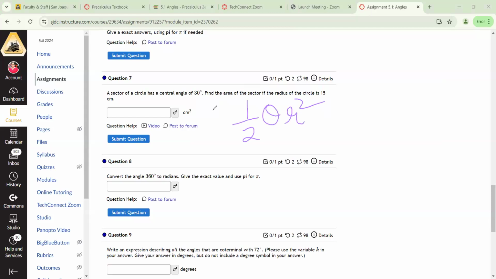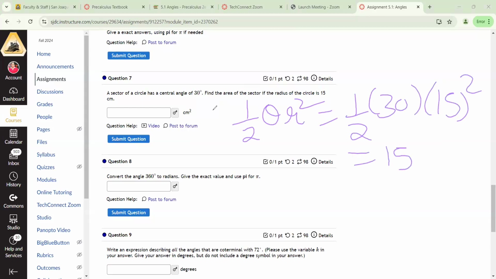And theta is given to us as 30 degrees and radius is 15. So 1/2 times 30 times 15 squared. 30 divided by 2 is 15. So you basically have 15 times 15 squared. We calculate that.